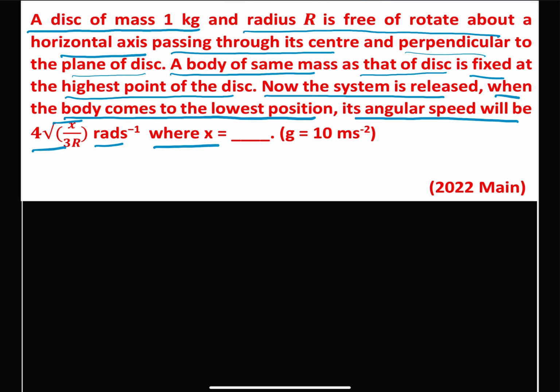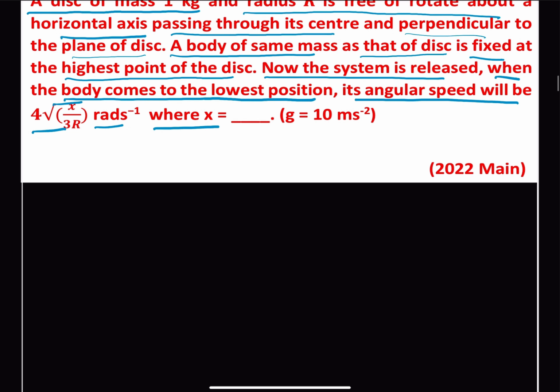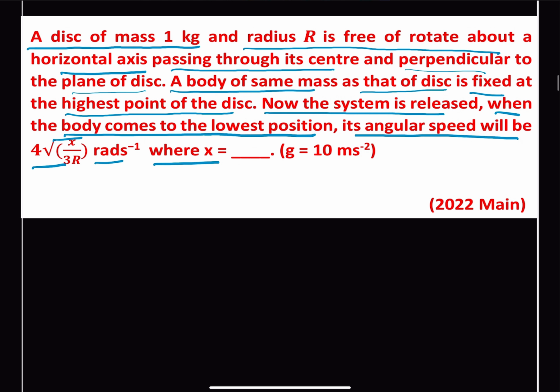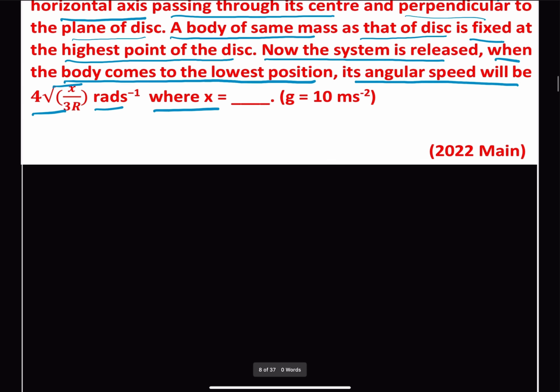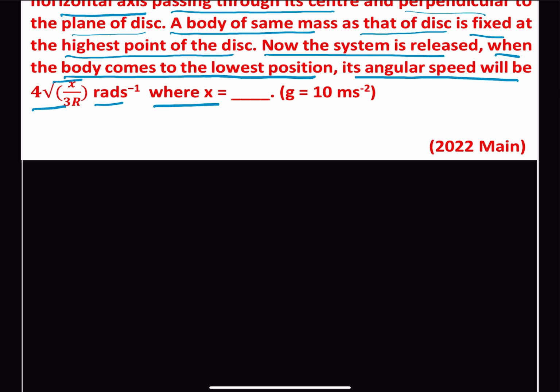So in this case, we can draw an approximate figure. We have a disc free to rotate about a horizontal axis passing through the center. So we have an axis, a disc, and a horizontal axis, something like this.